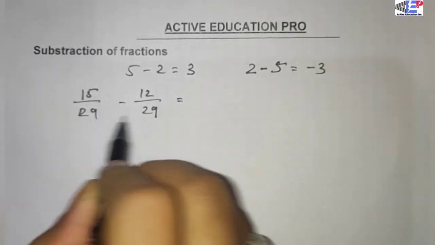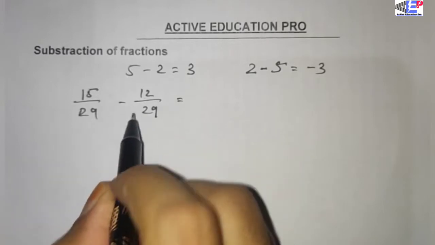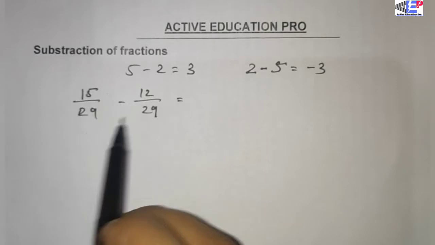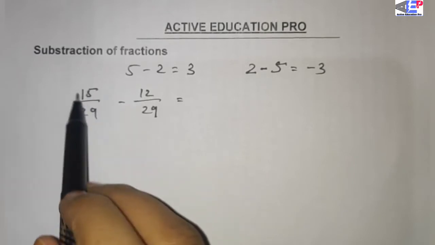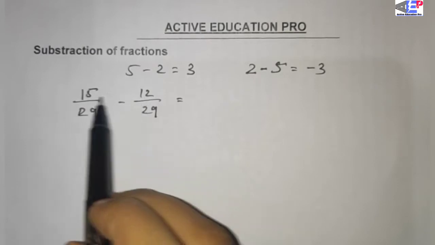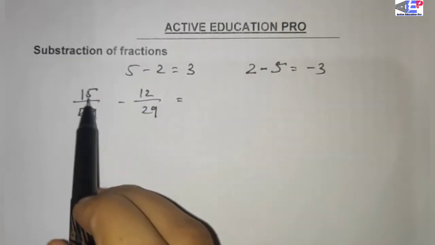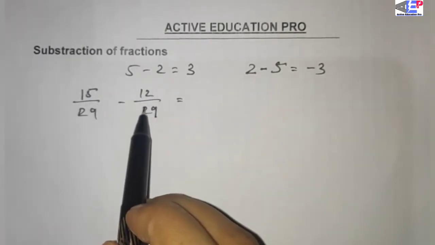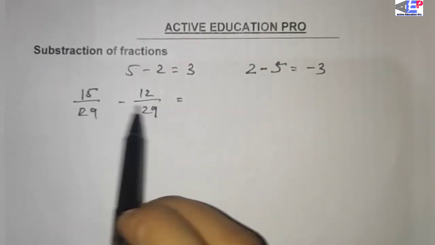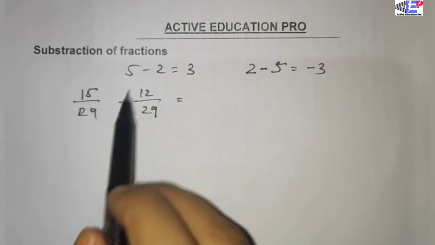Look here, the denominators of both fractions are the same, 29 and 29, so these are like fractions. The numerators are 15 and 12. 15 is greater than 12, so this is the larger fraction and this is the smaller fraction.